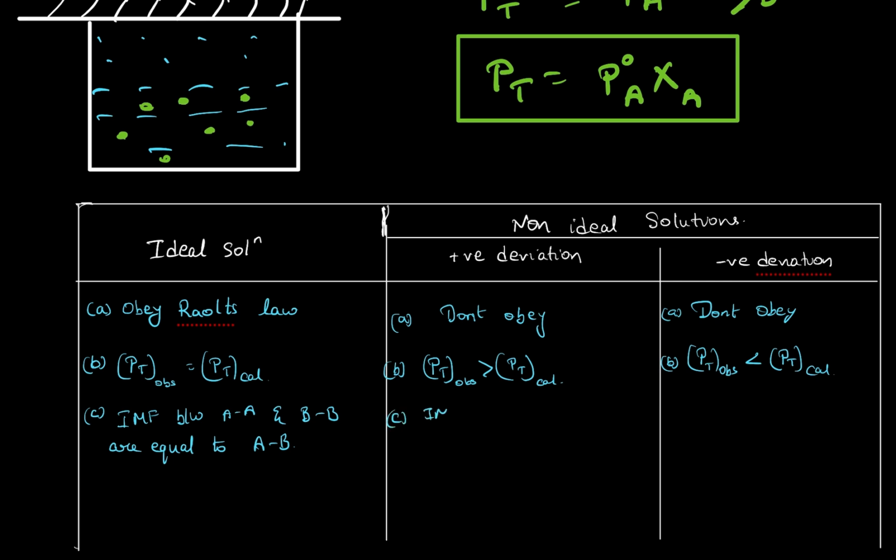But here, intermolecular forces between A and A and B and B are greater than A B, the intermolecular forces between A and B, that is solute and solvent. Intermolecular forces between AA and BB are less than A B in case of negative deviation.